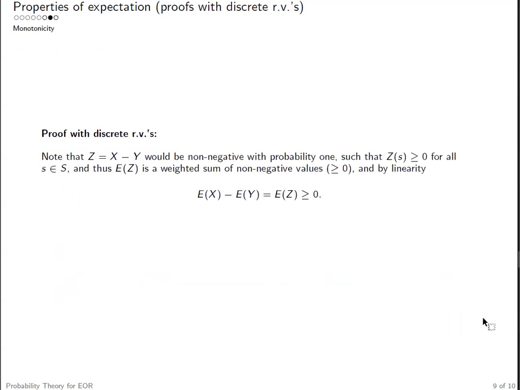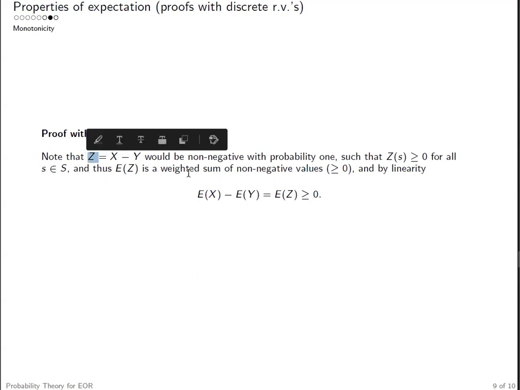Now let's consider a proof of the above results with discrete random variables. Note that if we consider the difference between X and Y, denote this difference as the new random variable Z, right? Because that is simply a function of random variables X and Y. Notice that this will be a non-negative function.